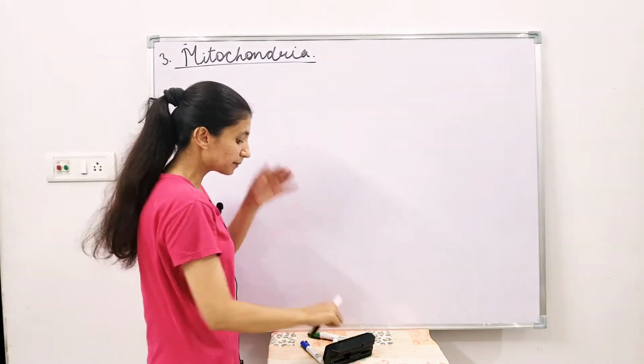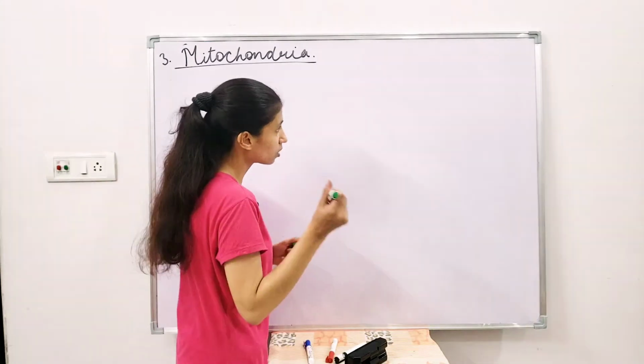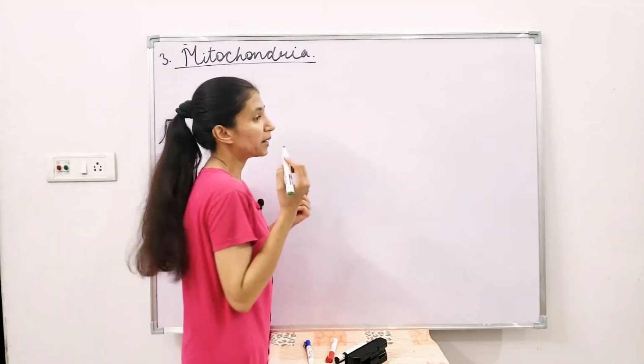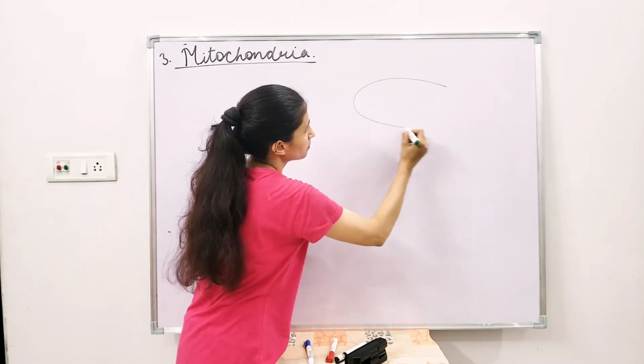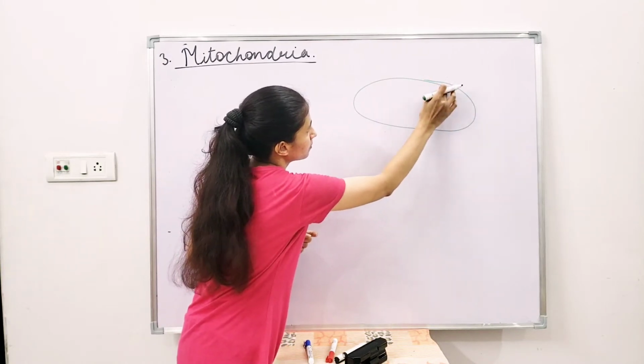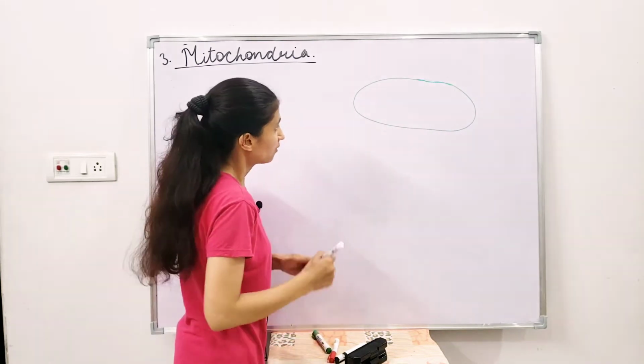Before we study mitochondria, let us draw one diagram for the mitochondria. I'll just draw the outer one. If you look at the structure of mitochondria, this is a mitochondria. Very interesting thing.